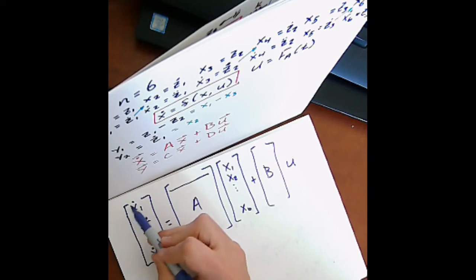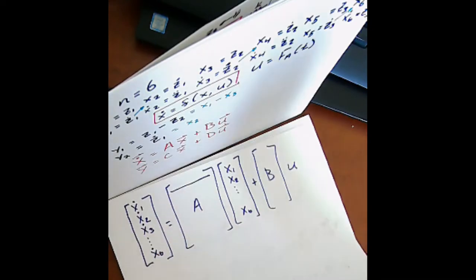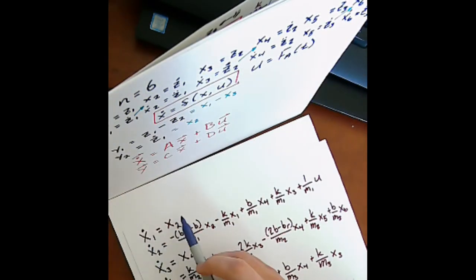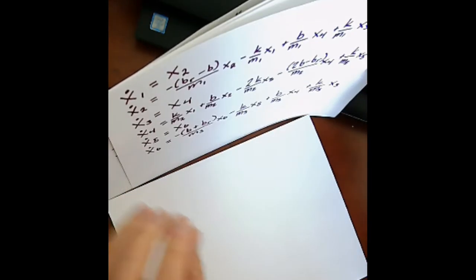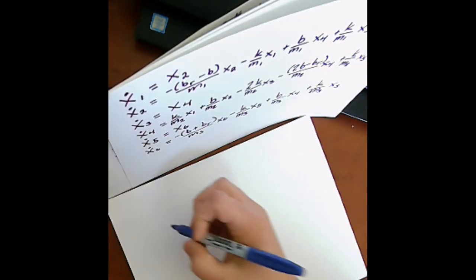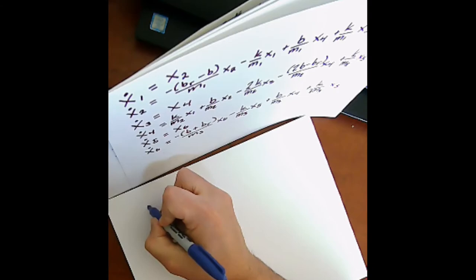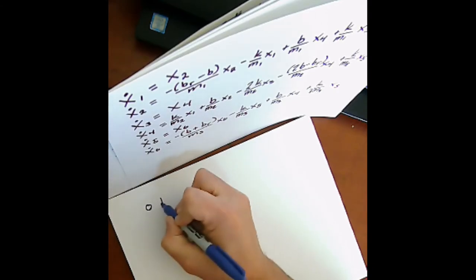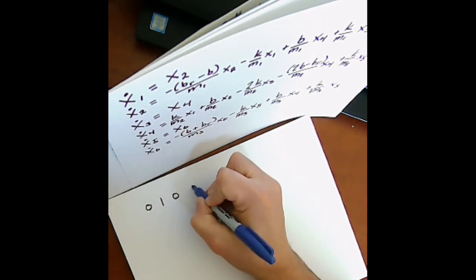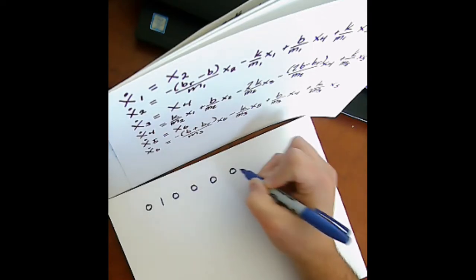This is my x dot 1 equation. X dot 1 is equal to x2. So we end up with 0, 1, and then zeros for the rest: 1, 2, 3, 4, 5, 6.